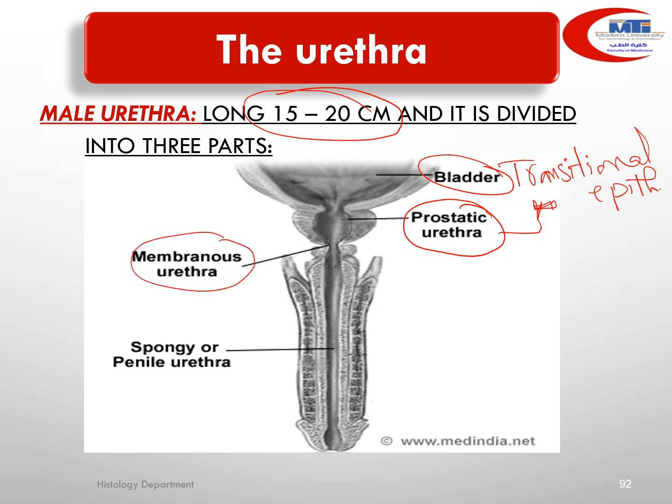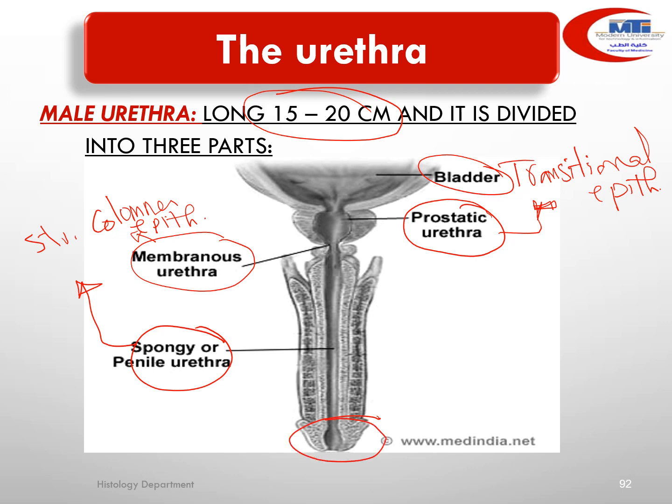The membranous urethra is lined by stratified columnar epithelium. And the penile urethra is lined by stratified columnar, but the last area, the fossa navicularis, is lined by stratified squamous non-keratinized epithelium.